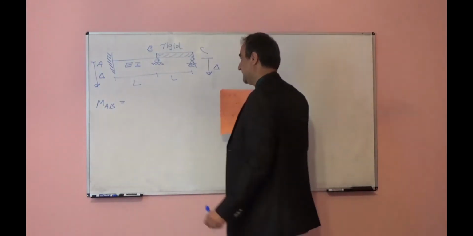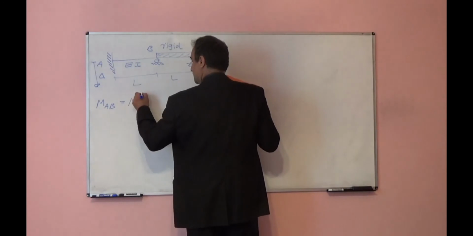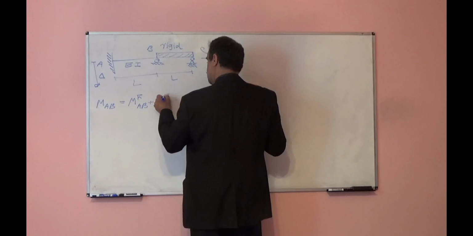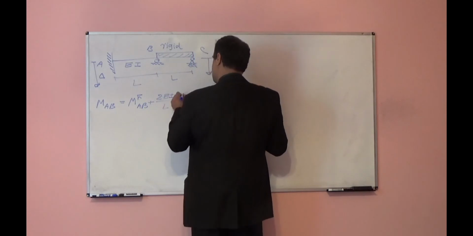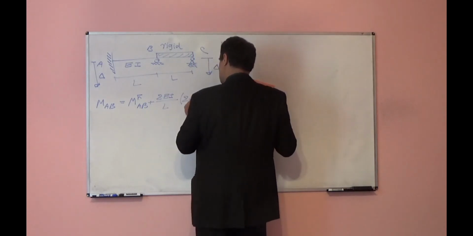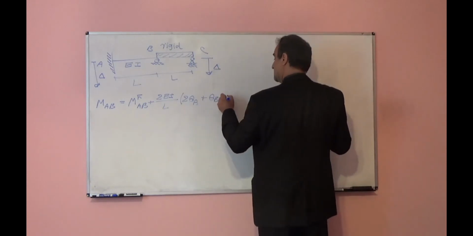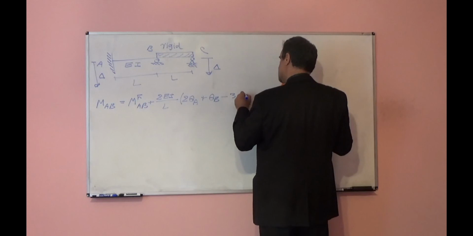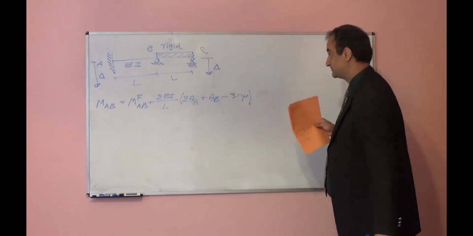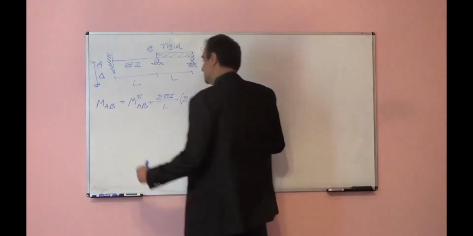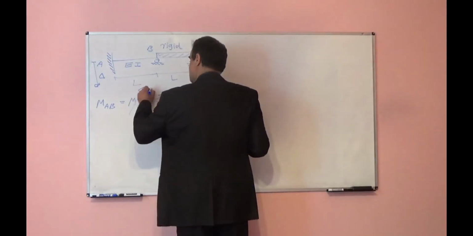MAB will be equal to M fix AB plus 2EI over L times (2 theta A plus theta B minus 3 psi). Now, M fix AB, it is the fixed end moment because of external load.